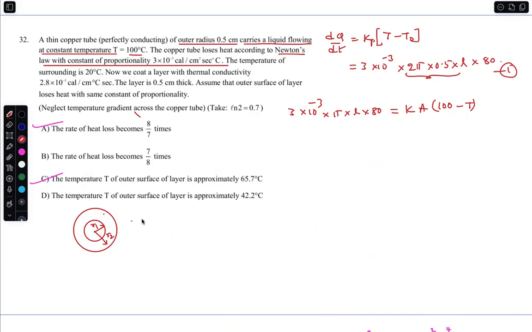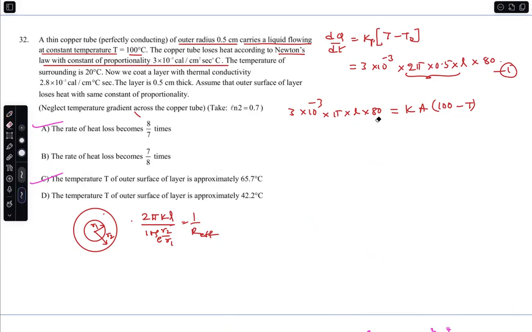What is the expression? 2 pi K L by natural logarithm of R2 by R1 is R effective, the thermal resistance. That you write over here.